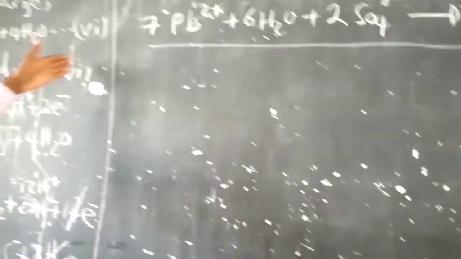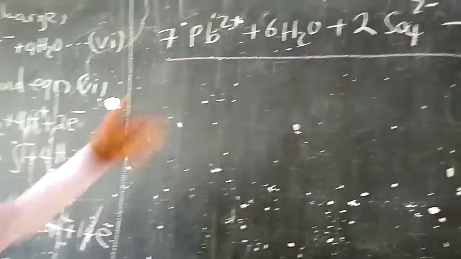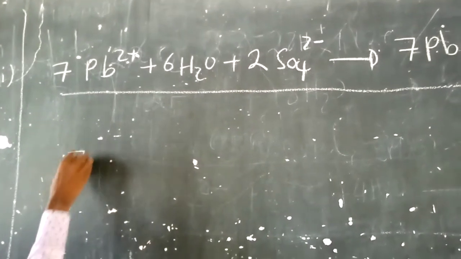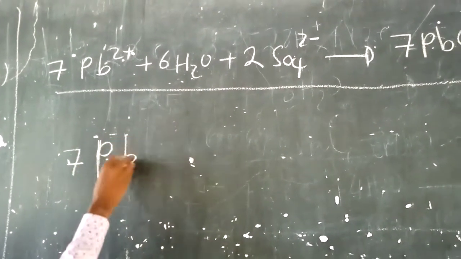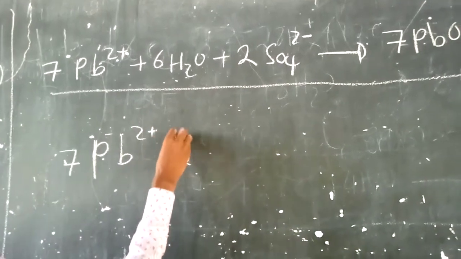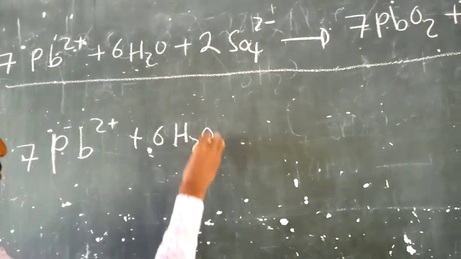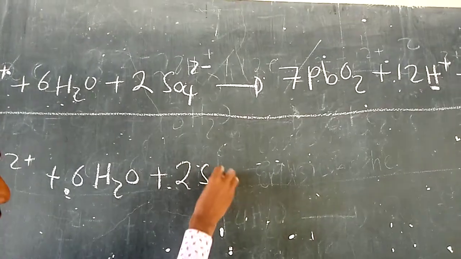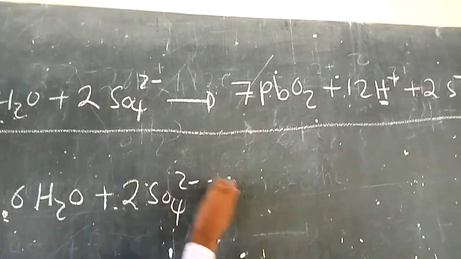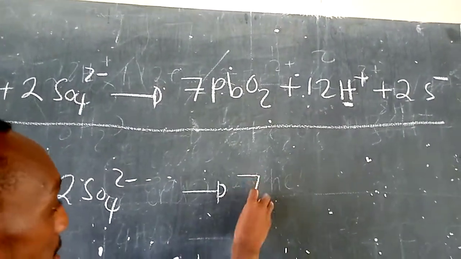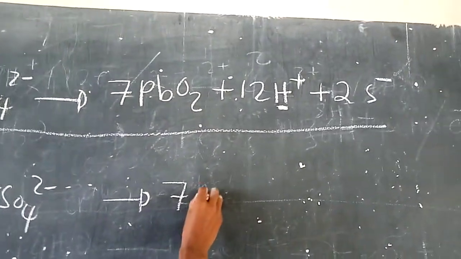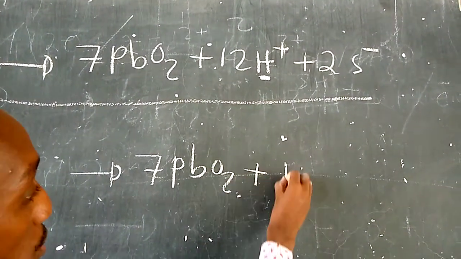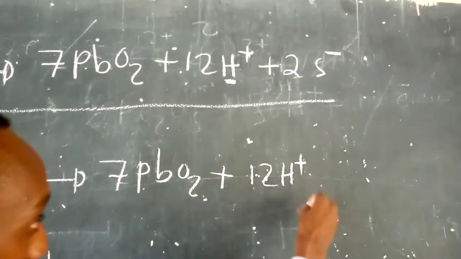Take our equation as it is: 7 lead 2 ions plus 6 water molecules plus 2 sulfate, 2 negative, to get 7 lead oxygen 2 plus 2 sulfide negative plus 12 hydrogen protons.